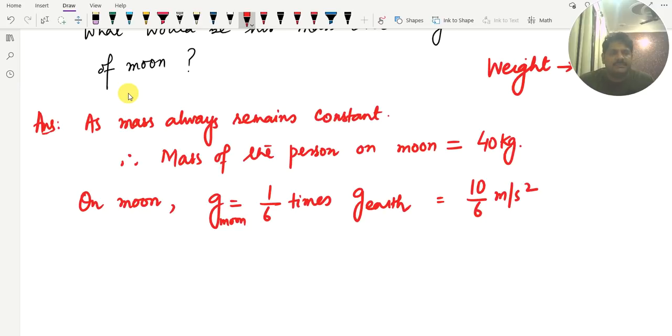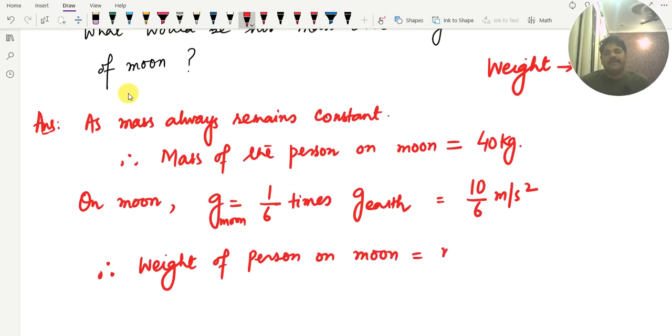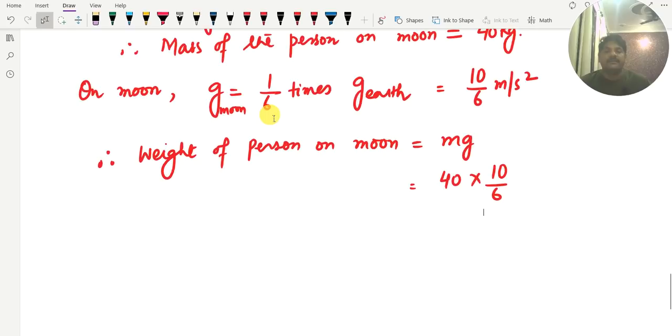So what would be the weight of the person on moon? Therefore weight of person on moon is equal to mg, and this is nothing but m is 40 kg into 10 upon 6. So if you solve this, how much do we get?